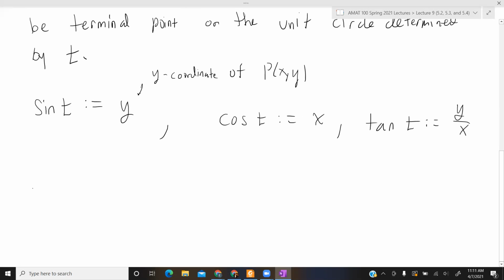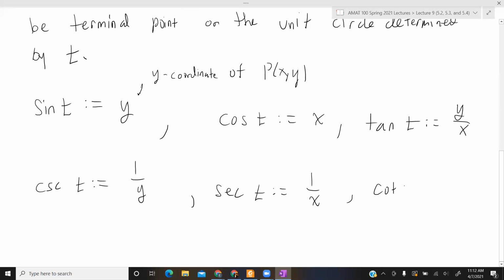The other functions are actually just reciprocals. So cosecant t is 1 over y, the reciprocal of sine t, and secant t is defined as 1 over x, the reciprocal of cosine t.